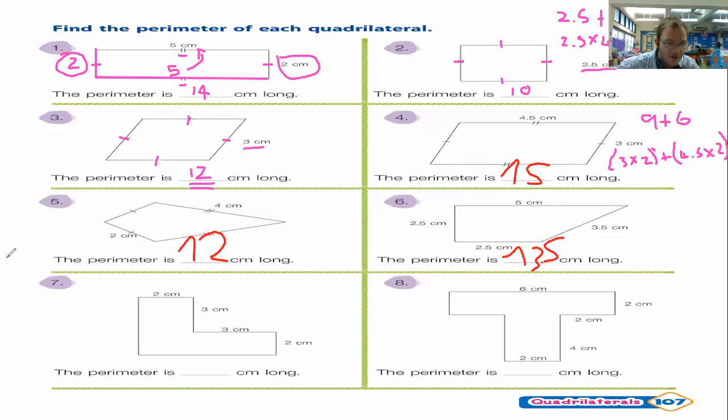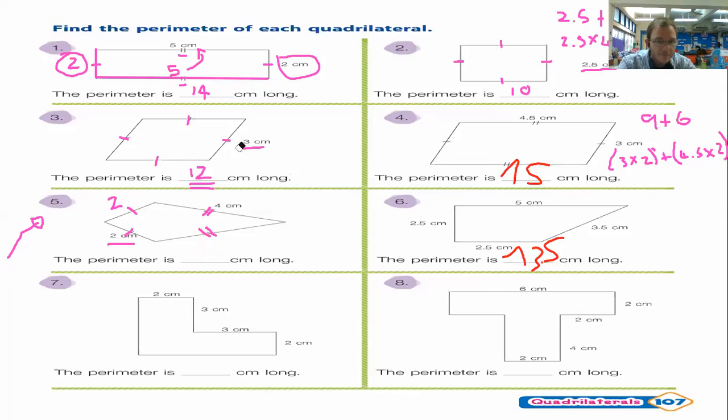Okay, the next one, number 5. Are you guys all still with me here? Let's see if Tantan's answer is correct. Once again, we work with the kite. The kite is just as simple as any other shape, because we know that the kite has 2 lines that are the same on the top side, and 2 lines that are the same at the bottom. So the bottom one is 2 centimeters, so the top one will also be 2 centimeters.